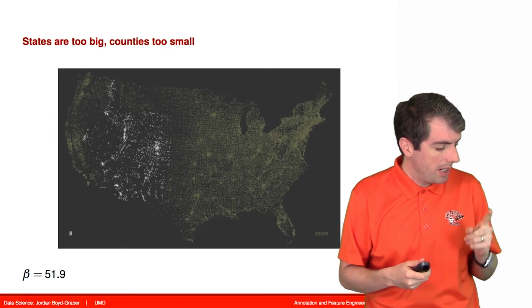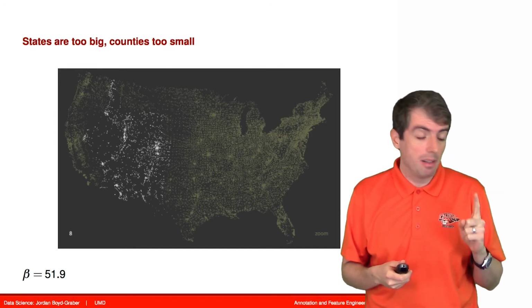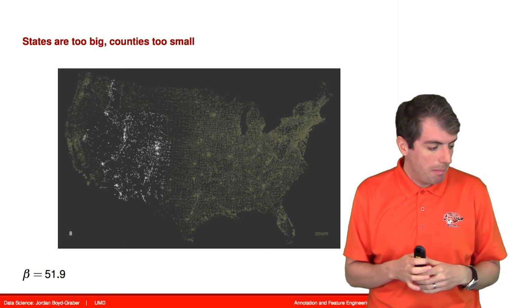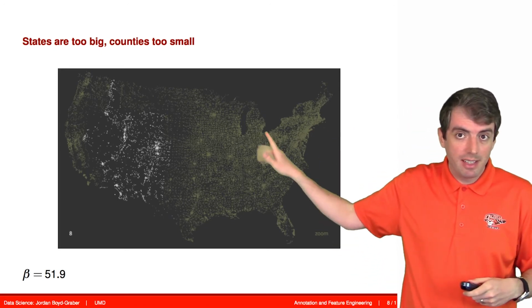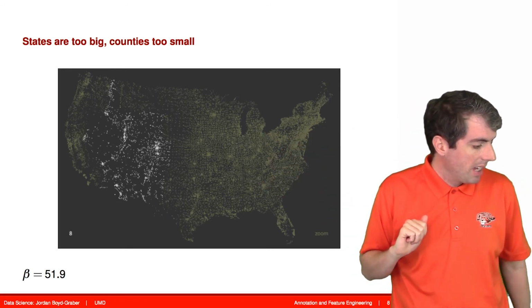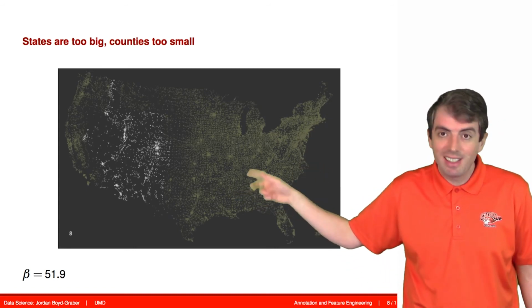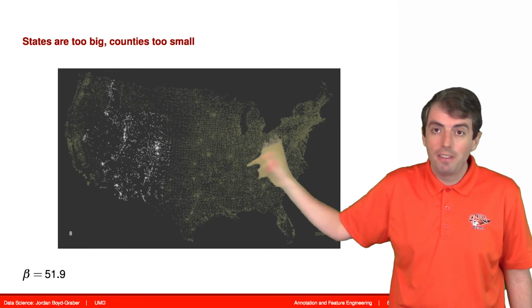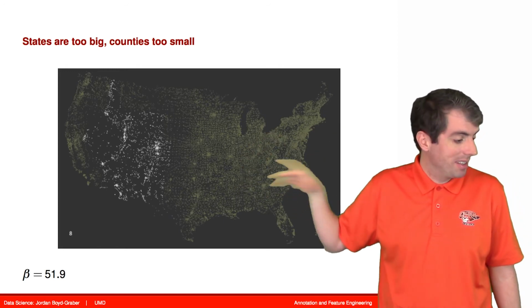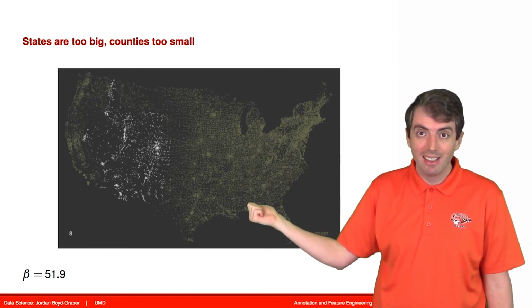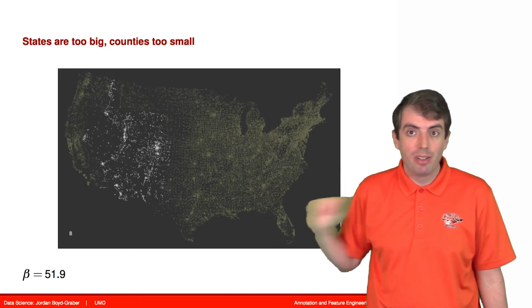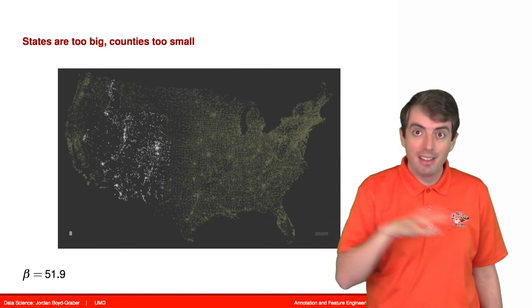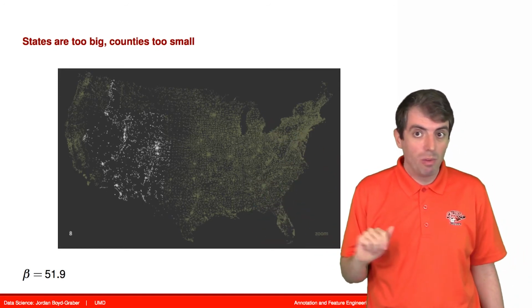For example, if you take all the zip codes that start with the number 8 and plot them on this map, you get basically the western states minus California. And the coefficient, if you add that in as a feature, is 51.9. So this shows that this area did relatively well during the crash.